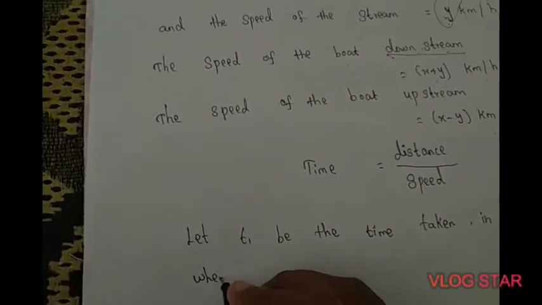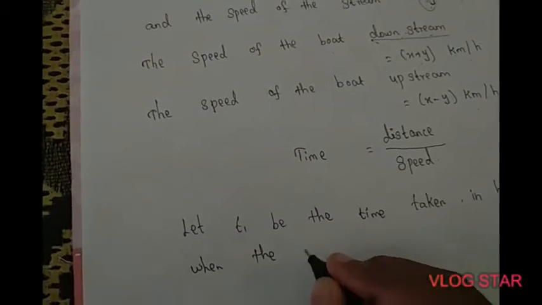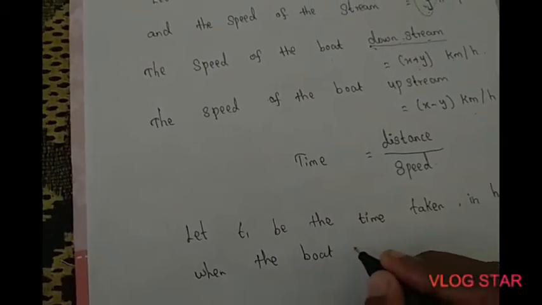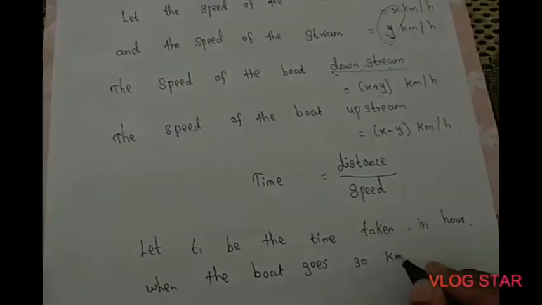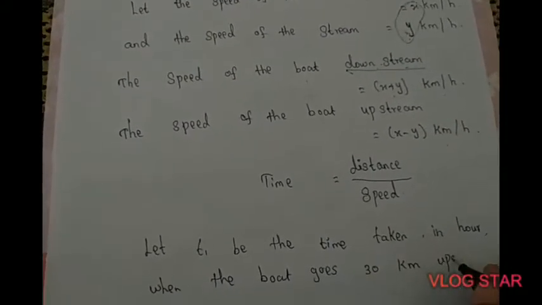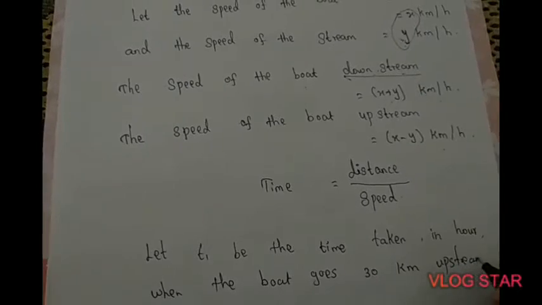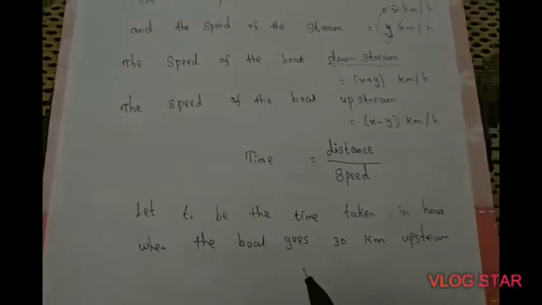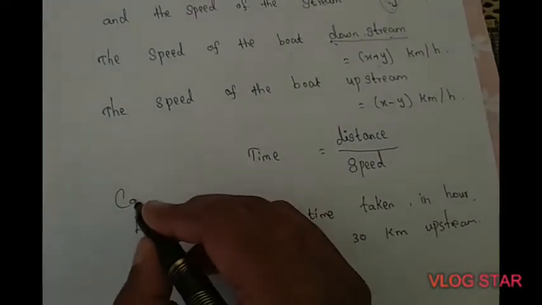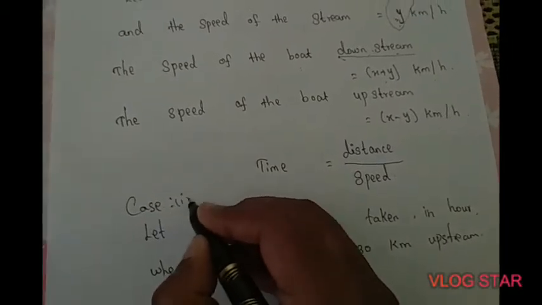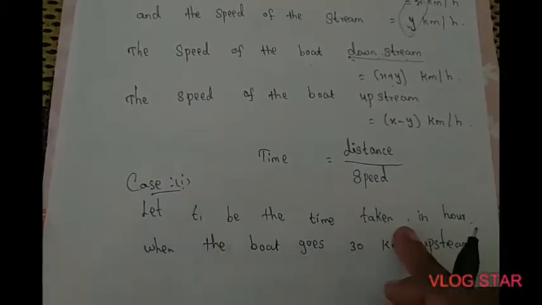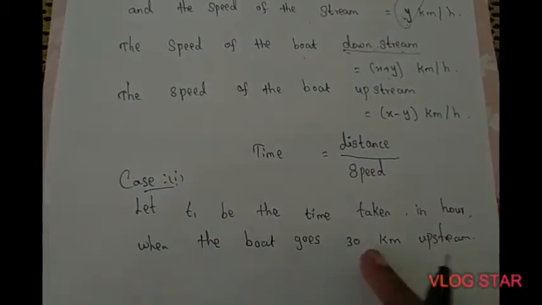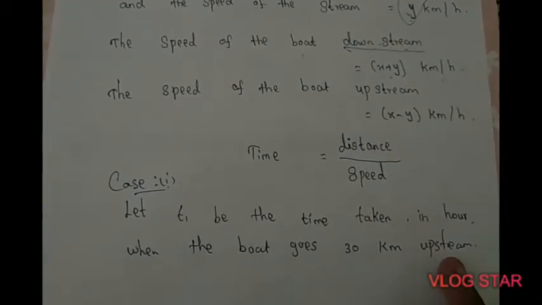Then the boat goes 30 km upstream. This is case 1. So let t1 be the time taken in hours when the boat goes 30 kilometers upstream.